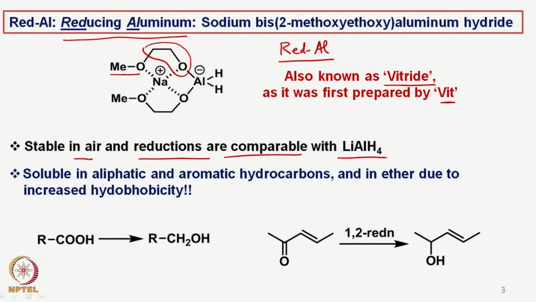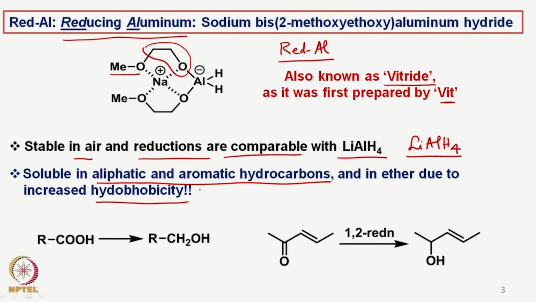In comparison, Redal is more stable in air, and it is also soluble in aliphatic and aromatic hydrocarbons because of the increased hydrophobicity. That is not the case with lithium aluminum hydride. Lithium aluminum hydride is somewhat more ionic and more polar than Redal, and therefore it needs to be dissolved in ether or THF, whereas Redal can be dissolved in aliphatic and aromatic hydrocarbons.